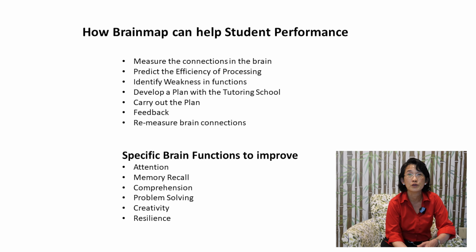We can improve on those things, develop a plan with the teacher or the tutoring school, carry out the plan, have some feedback to see how the student is performing, and remeasure brain connections. Anytime you work on any function, you will improve the connectivity of the brain. And it's really exciting to see improvement.